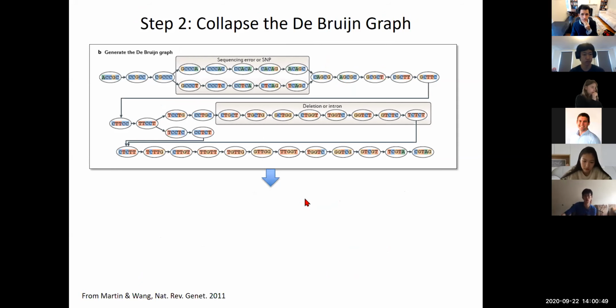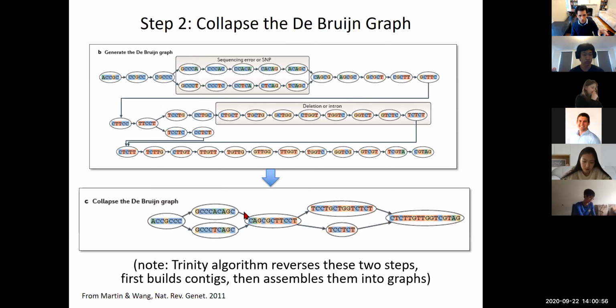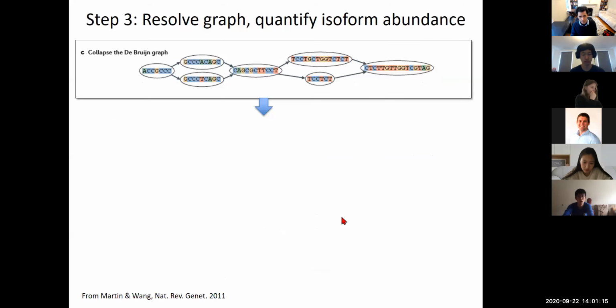Then eventually you collapse this graph into longer fragments that allow you to reason about mistakes in the sequencing or genetic differences between the two alleles of a person, as well as splicing differences between two different transcripts from the same cell.